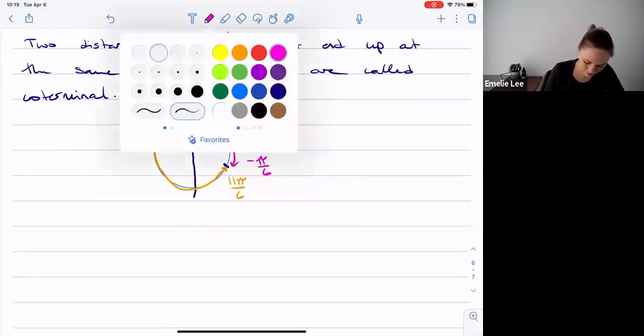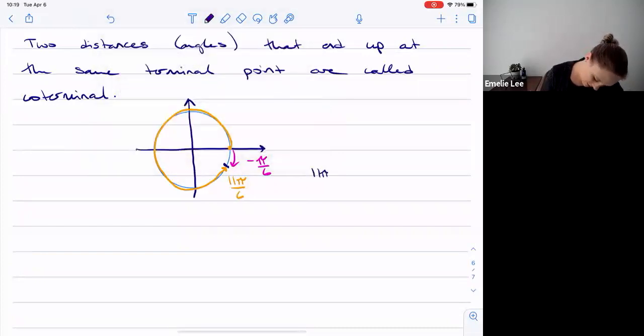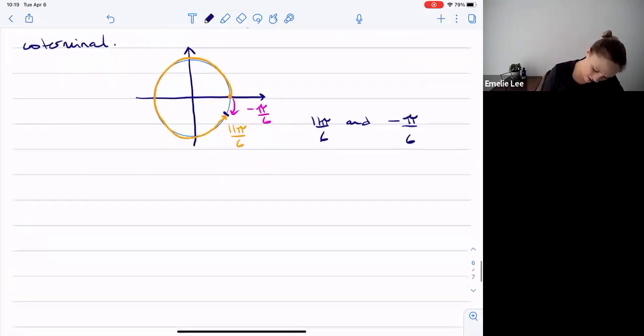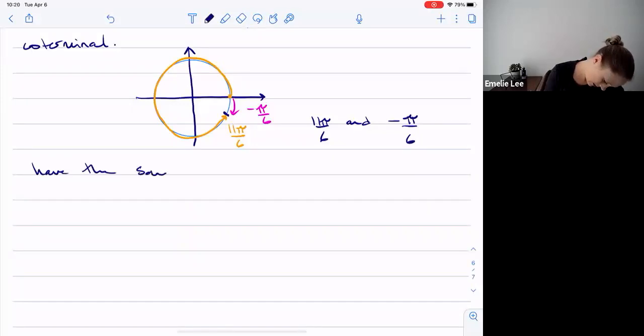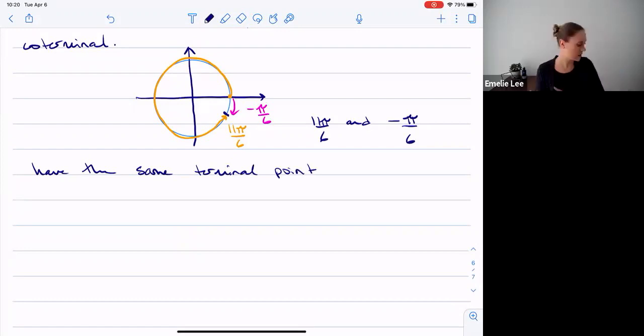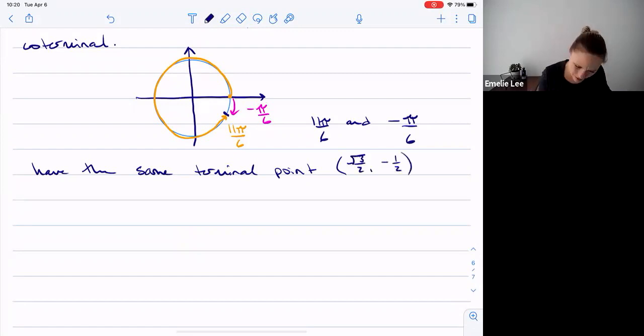So 11 pi over 6 and negative pi over 6 have the same terminal point, which is what? I want to say root 3 over 2 and negative 1/2.